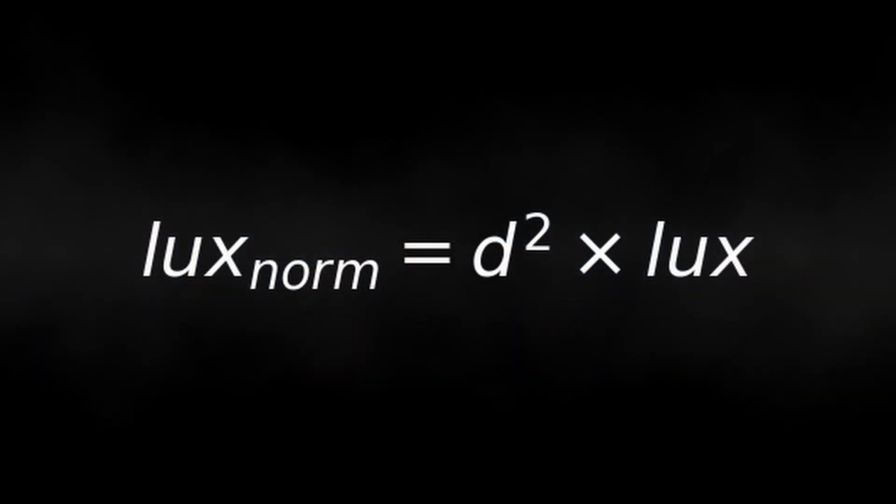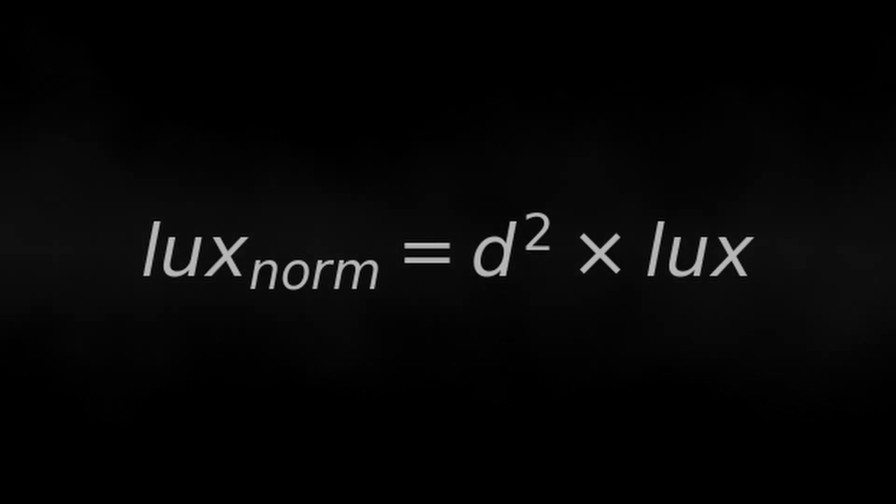So once you know where your light is, we're just dealing with the fact that light drops off following the inverse square law. For a normalized 1 meter illuminance level, whatever you want to call it, all we do is take the subject to light distance that we've measured or guessed at, square that, and multiply it by the lux number that we got in the previous step.